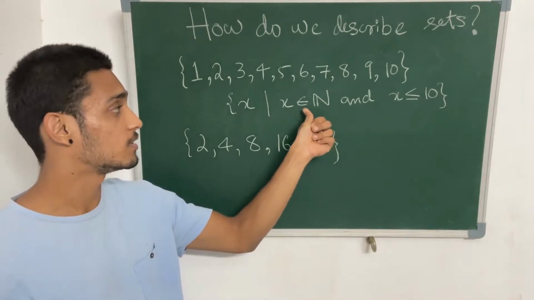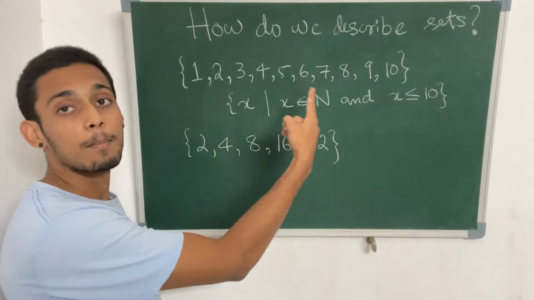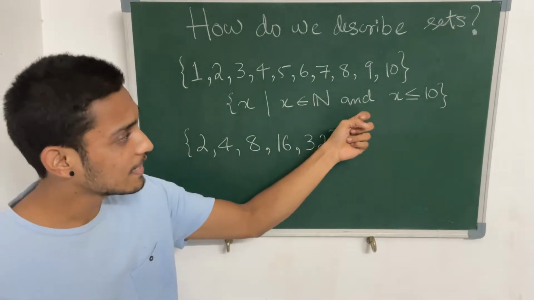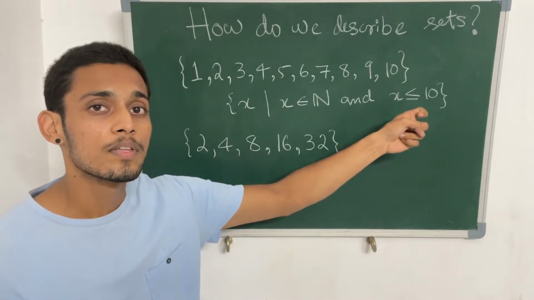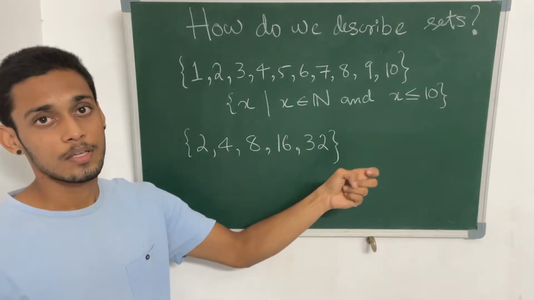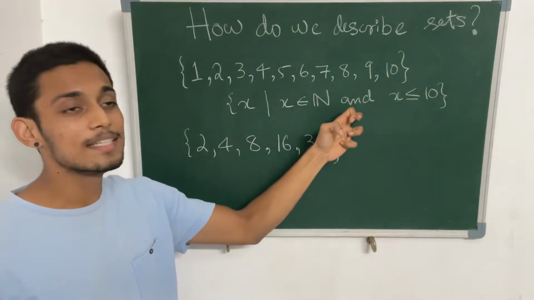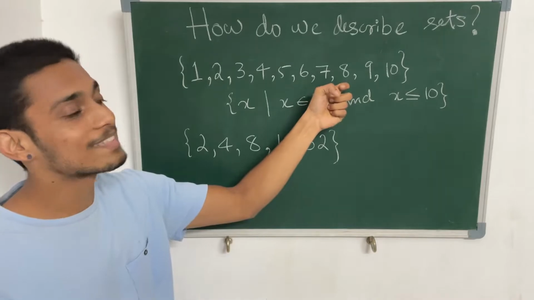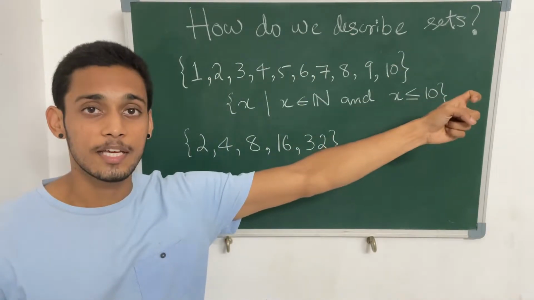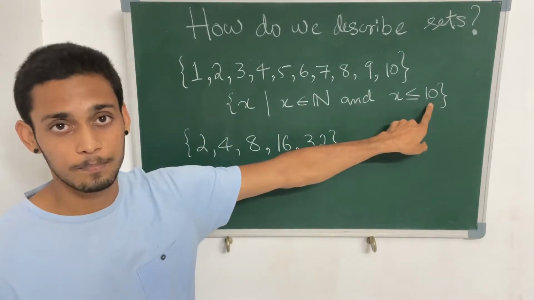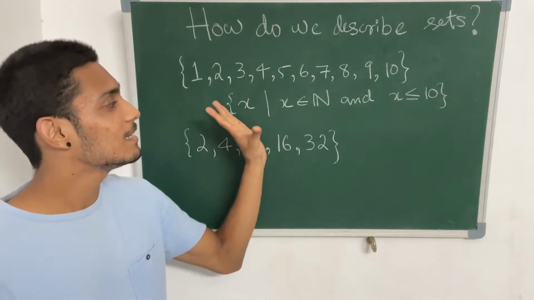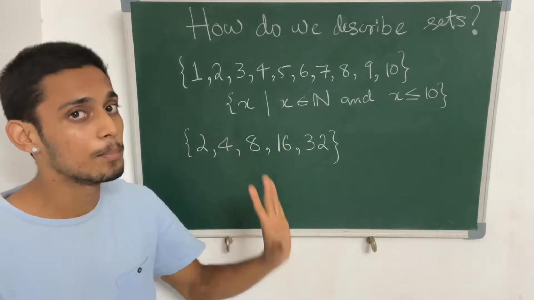So we saw what this symbol is. It means it's a member of natural numbers, and x is also less than or equal to 10. So for this set, it was easy to convert it into this. Imagine if this set had 50 elements, 1 to 50, then we simply change it to 50. So we can easily write this particular set in a set builder form.